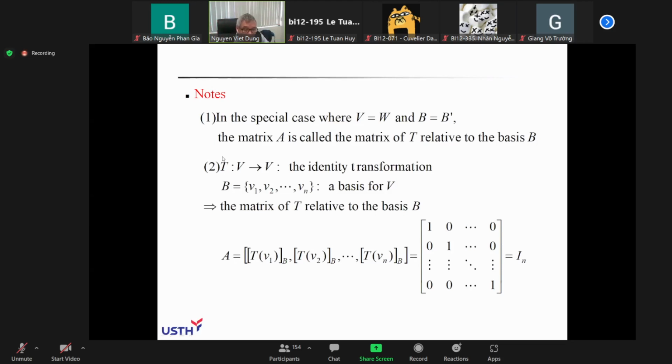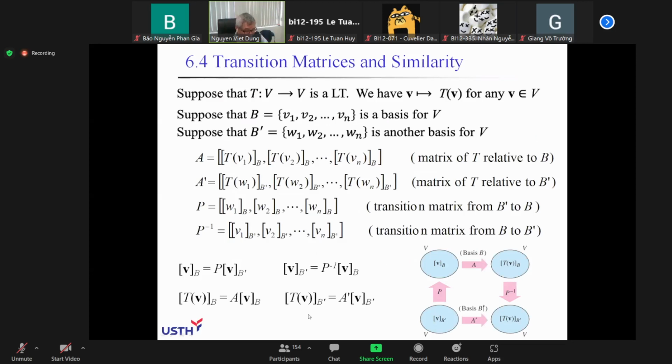And in particular, in case T from V to V is the identity transformation, and I will not repeat the definition of identity transformation here, and B is any basis for V, then the matrix of the identity transformation relative to any basis B is always the identity matrix of order n. It is here. So that is a remark we know already from last week.